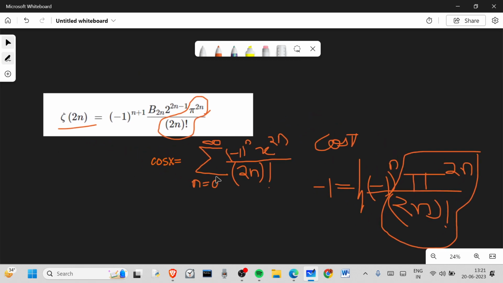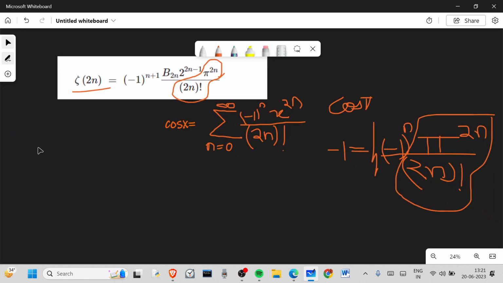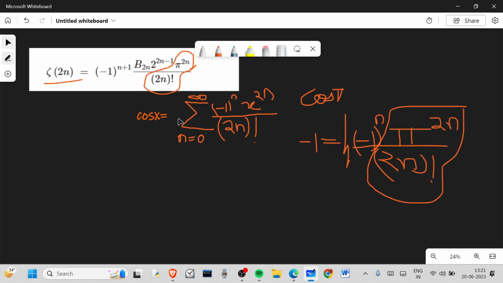So what I am doing, I am extracting it from this thing. You must be thinking it's a very lame idea, why the hell am I doing this, but anyways. I'm also doing one more thing. Minus from here goes up to there and plus 1, so I have the whole thing. I have to put this bad thing out, that is something in terms of Bernoulli numbers.